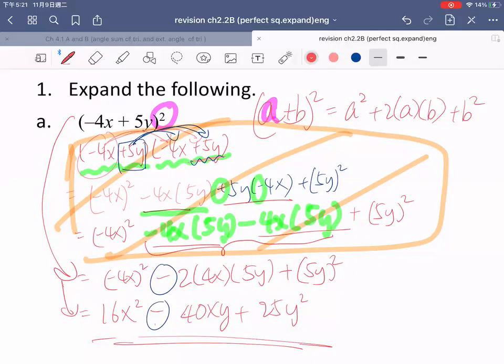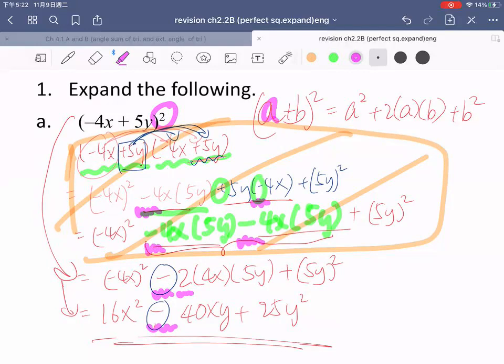Why is it negative here? Because 4x is negative, right? Here, you see, multiply this one. Negative, negative. Minus something, and then minus something, of course, you get negative.